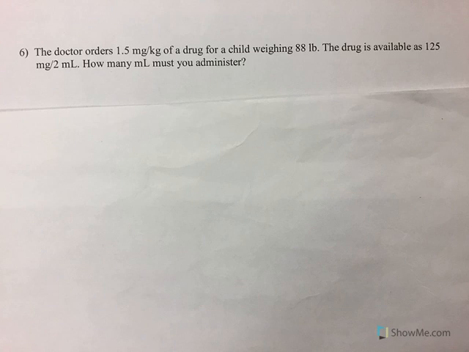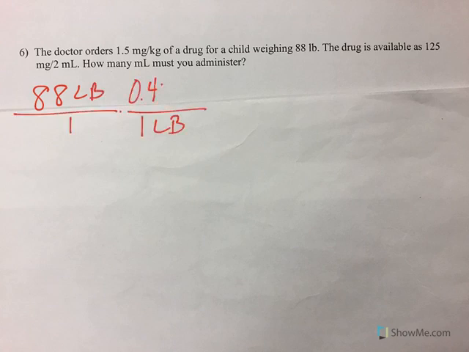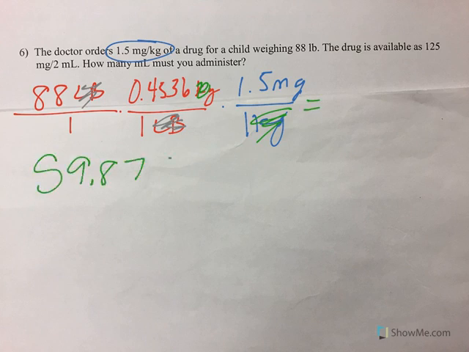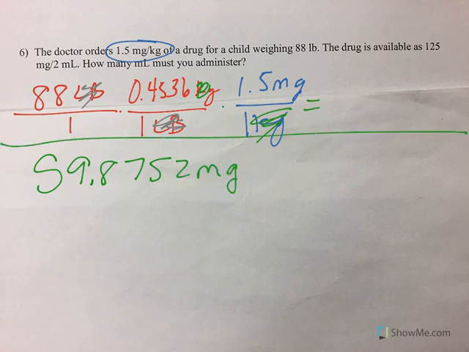First things first, you need to figure out how many milligrams this person needs. So we start back like that very first problem. Pounds to kilograms. Then I can use my dosage, 1.5 milligrams per kilogram. Okay, so that means I now have 59.8752 milligrams. That's how many total milligrams this kid needs.